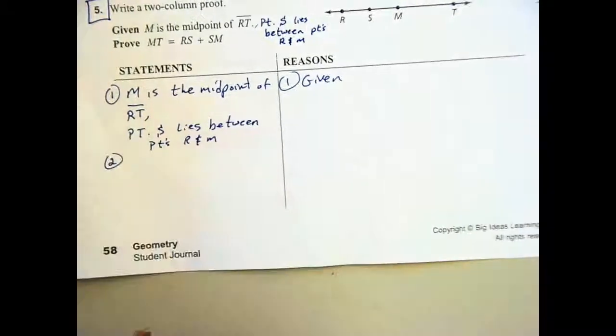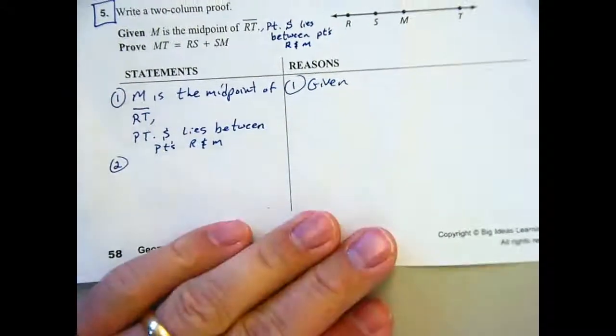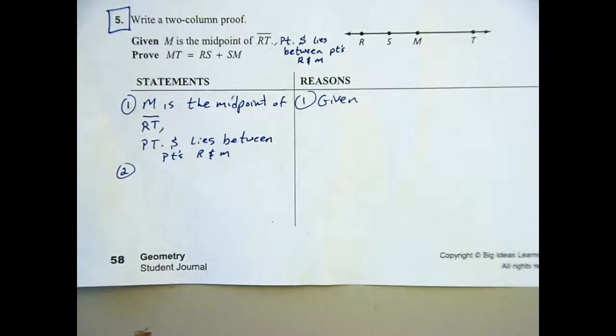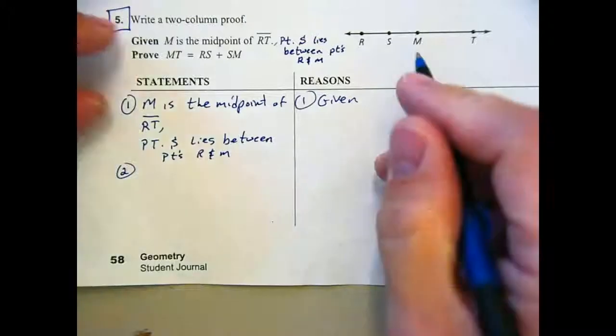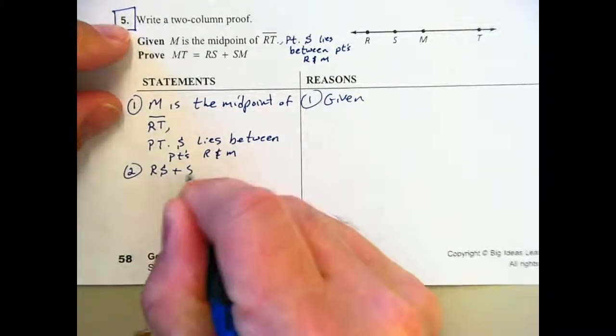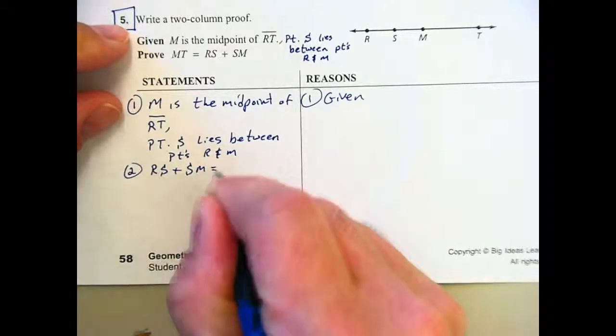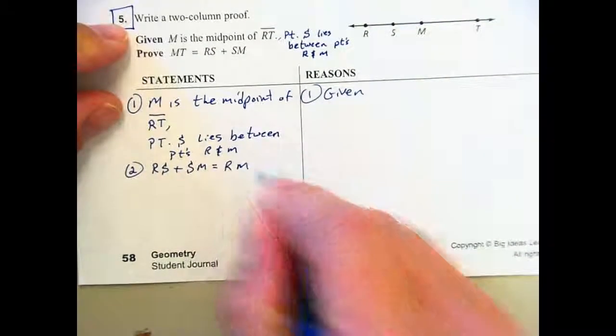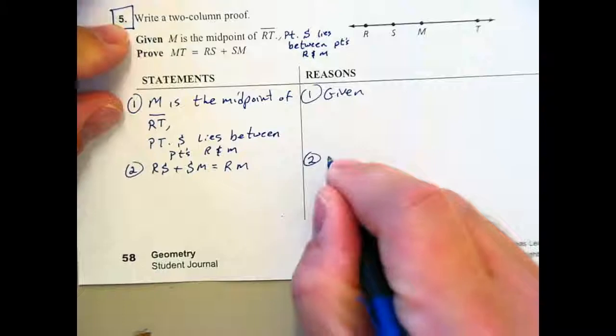All right. Number 2. Anyone? Maddie? RS plus SM equals RM, and that's the addition property of equality. Okay. RS plus SM equals RM. And that is what? Addition property of equality.